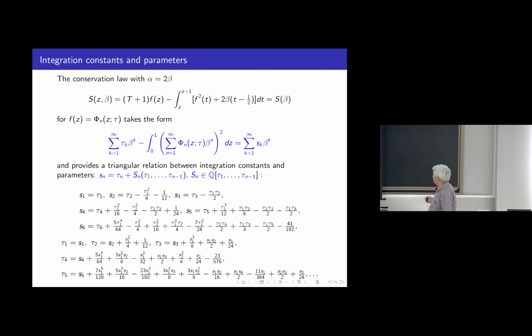Because it's a conservation law, it's the value of some kind of integral. And tau_k parameters are integration constants. Anyway, it's integrals, and this is okay.